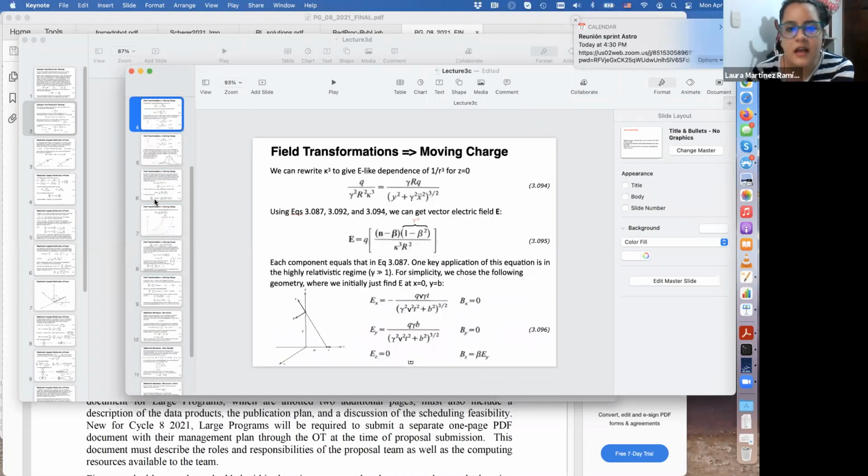So I was wondering if in the case of a non-highly relativistic case, we need to take into account the electric field in x and y directions.